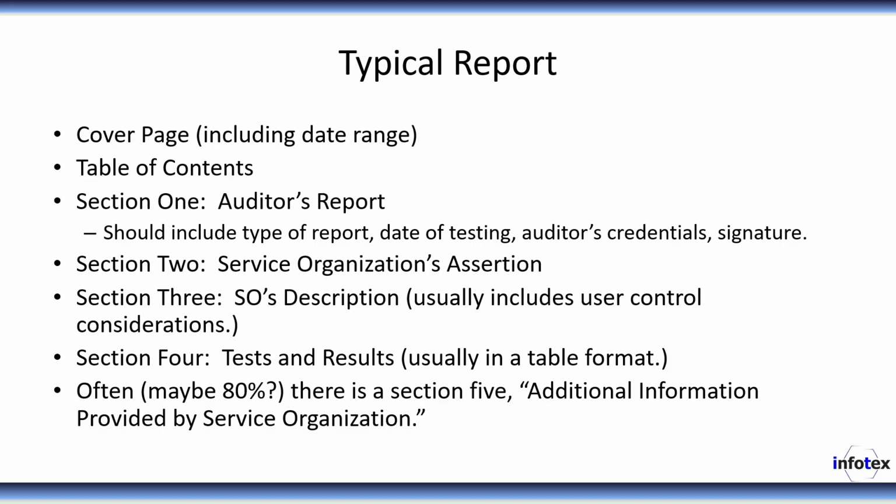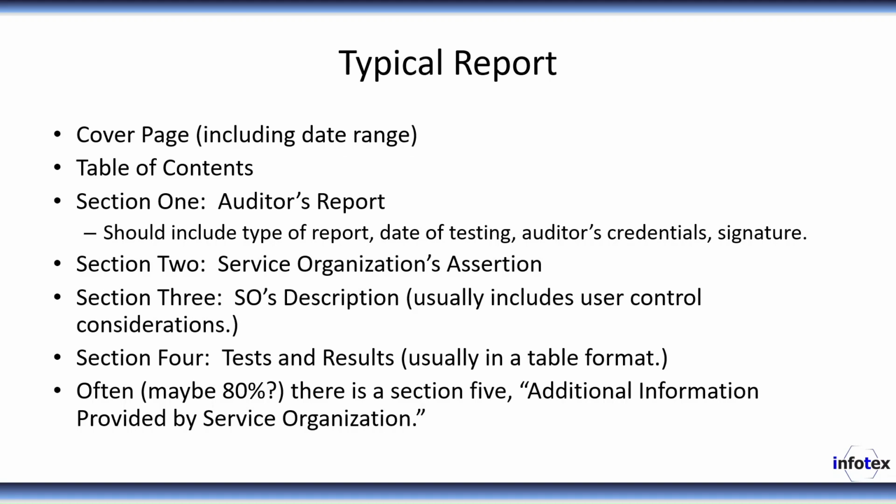And then, of course, there will be a number of sections in the SOC report. I'll bring up an example in a couple of slides, but in general, they follow this format. They'll have a cover page and a table of contents outlining what's in the report. Section 1 will be the auditor's report, which would include things such as the date of testing, the auditor's credentials, and of course their signature.